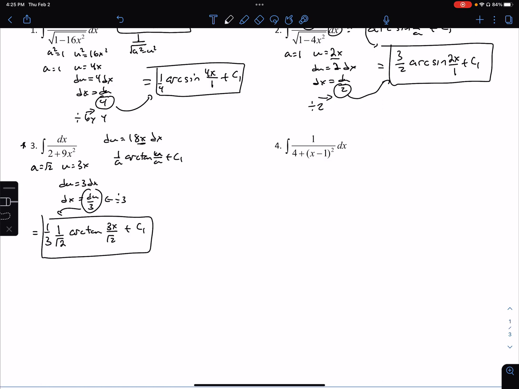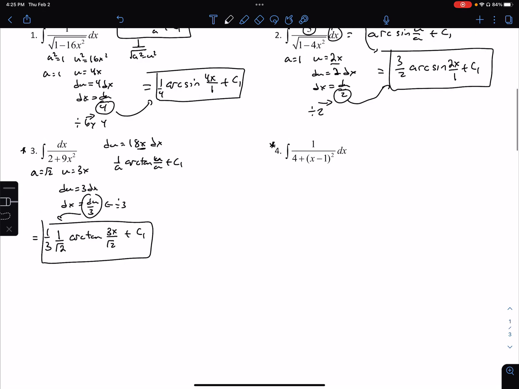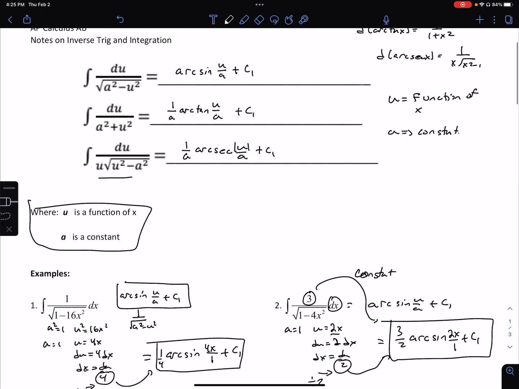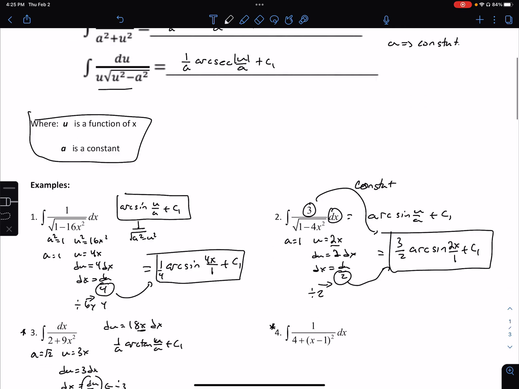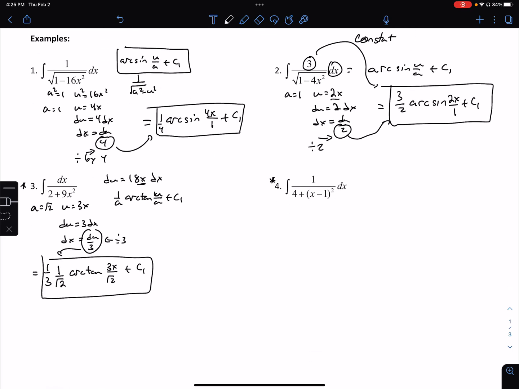There's our antiderivative. Number 4, same exact type of question. It's still arctangent. I know it's arctangent because arctangent, notice, does not have the square root on it. Arcsine and arcsecant do, but not arctangent. So my rule here is going to be in the same form, 1 over a arctangent u over a. So when we try this, a is going to be 2 because a squared is 4.